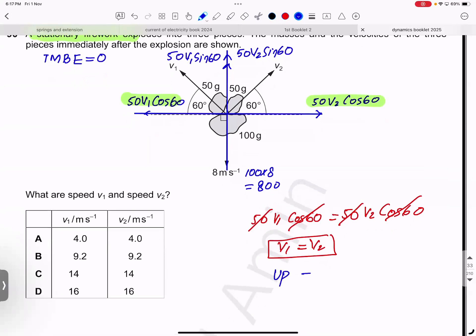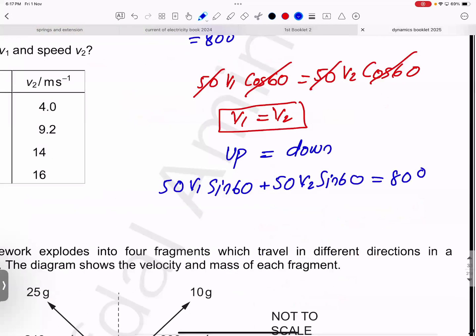Total up should be total down. Total up, my dear, is 50 V1 sine 60 plus 50 V2 sine 60. Down is 800. Now it's time to substitute V1 equals V2 because they are both the same. Let's assume both are X. So 50X plus 50X times sine 60.